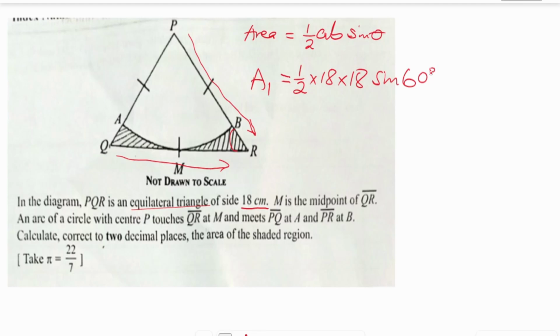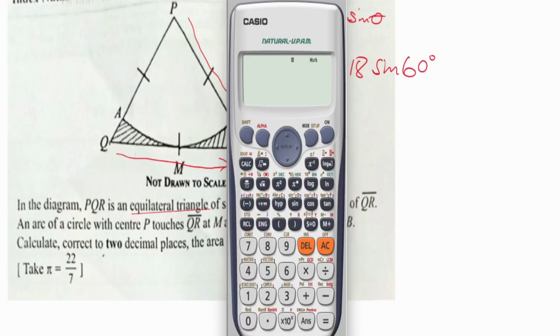And let's work that in the calculator. So you're going to put in the fraction 1/2 times 18 times 18 times sine 60. And that gives us 81√3, which in decimal is 140.2961.